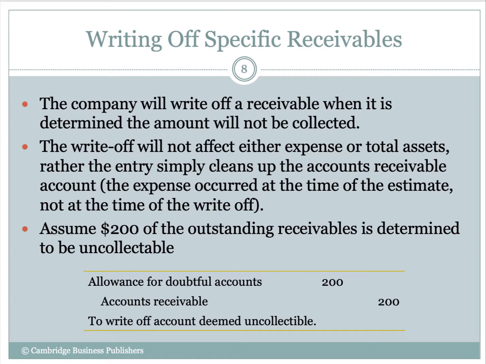If I were you, I'd jot that down on a note card or in your notes. This is the journal entry you have to do whenever we write off a specific receivable: debit allowance for doubtful accounts, credit accounts receivable.